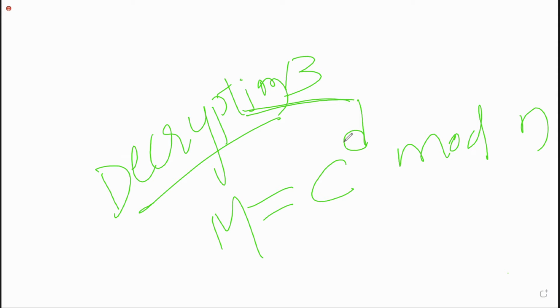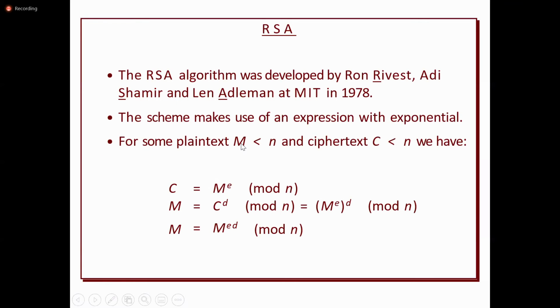Okay, so till now we discussed the formulas of the RSA algorithm. I think we have discussed the example in the last class, right? These are the formulas of RSA.